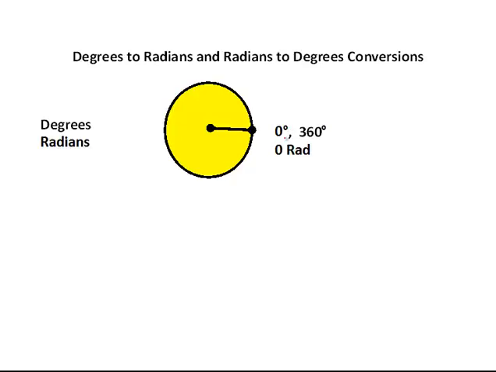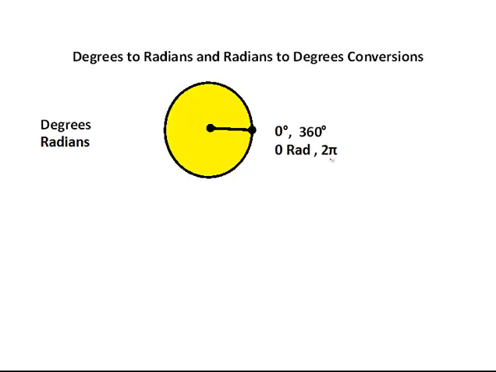Notice the difference here. I've got 0 degrees and I've got 0 radians. You can abbreviate radians RAD. You don't have to see the word RAD, but if you need to know which is which, anytime you're dealing with degrees, you need to see that degree symbol. If I did one complete revolution around, I've got 2 pi.